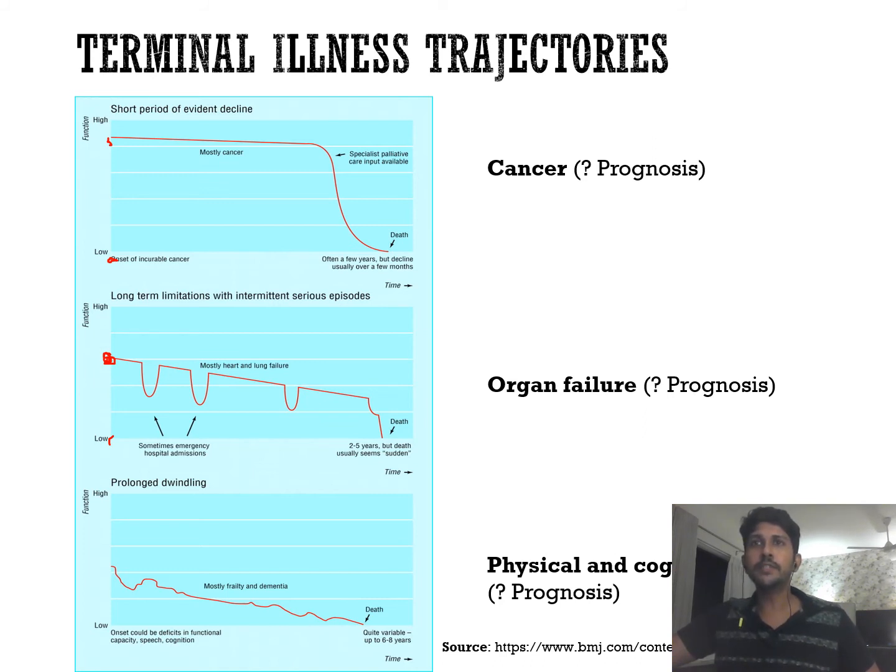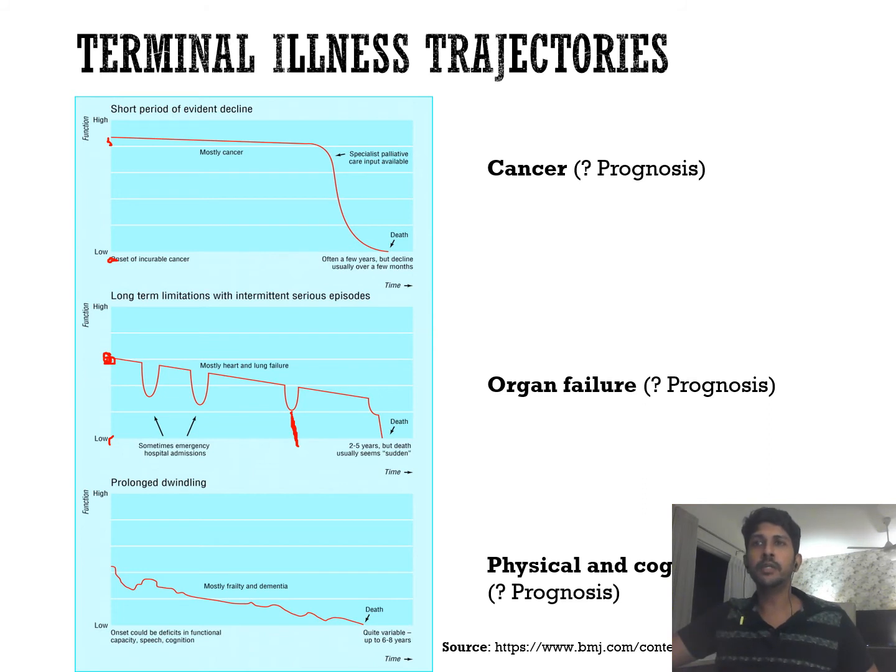So the patient could have died earlier during the previous exacerbations. The patient, if the patient was not really cared for during the third exacerbation, the patient might end up dying here rather than here. So the prognosis is really hard to predict in these patients.